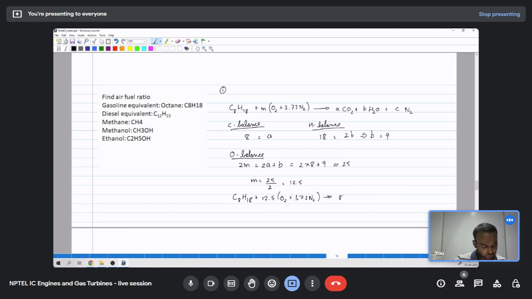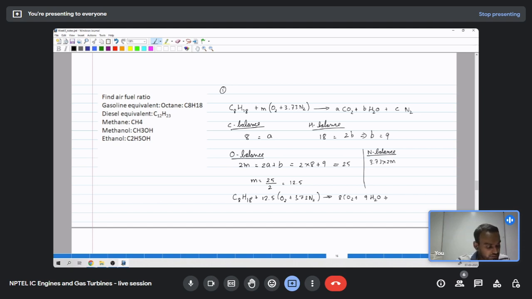So now we know the balanced equation is C8H18 plus 12.5 O2 plus 3.73 N2 will give out 8 moles of carbon dioxide plus 9 moles of water plus c N2. We can have nitrogen balance and find the value of c, but generally for the air fuel ratio calculation it is not needed, but for the sake of completion, I will do it. So nitrogen balance, on the left hand side we have 3.73 into 2m, because there are 3.73 nitrogen molecules, which has 2 nitrogen atoms in each molecule.